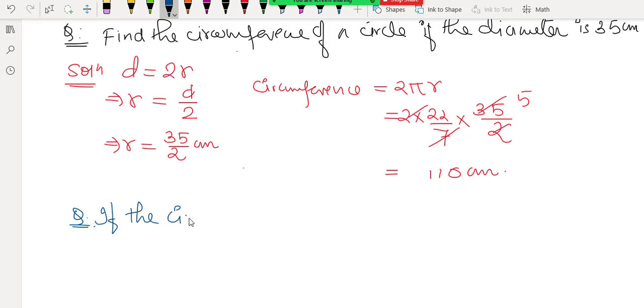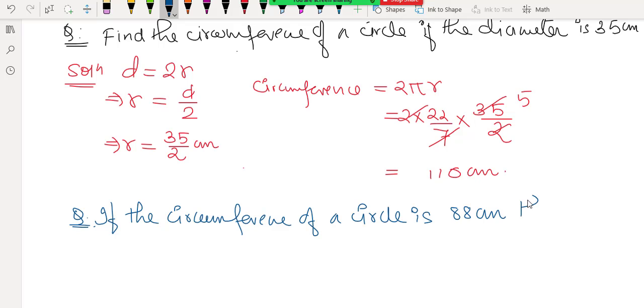If the circumference of a circle is 88 centimeter, then find its radius. In this question, we need to find the radius when the circumference of a circle is given. It is given that the circumference is 88 centimeter and we need to find its radius.